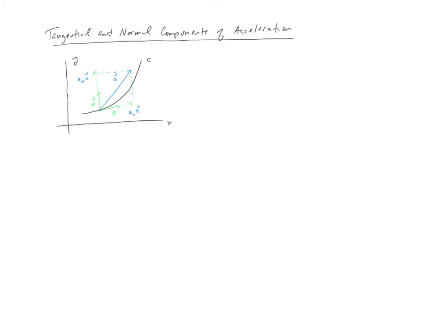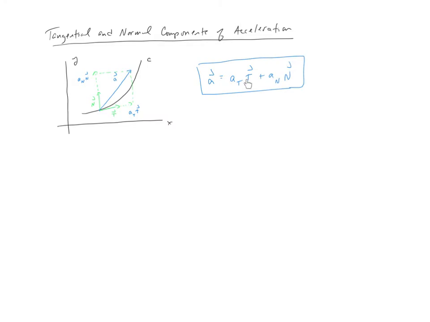Now, what we know from earlier is that this vector plus this vector is going to give us vector A. So that is us decomposing it. The acceleration vector is going to be a sub t times the unit tangent plus a sub n times the unit normal.